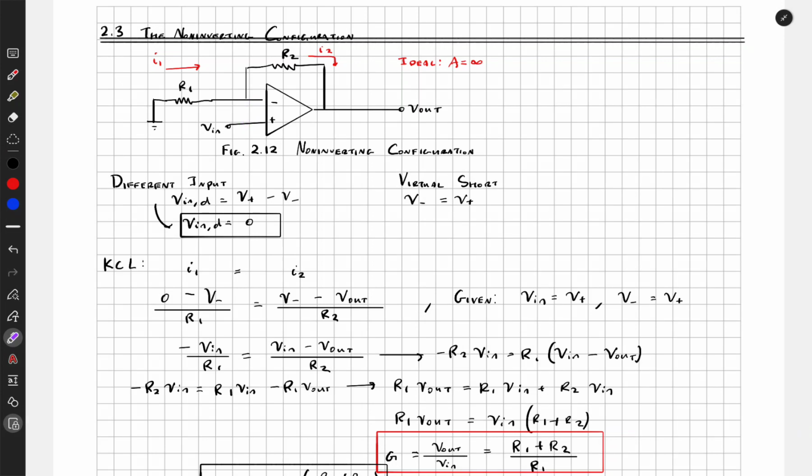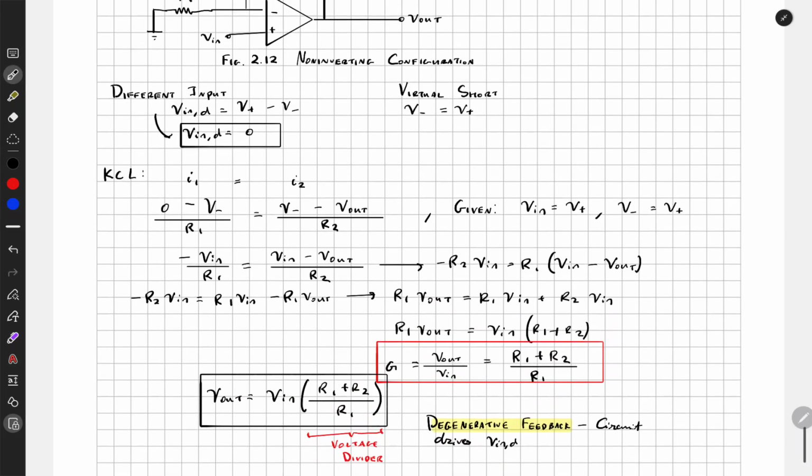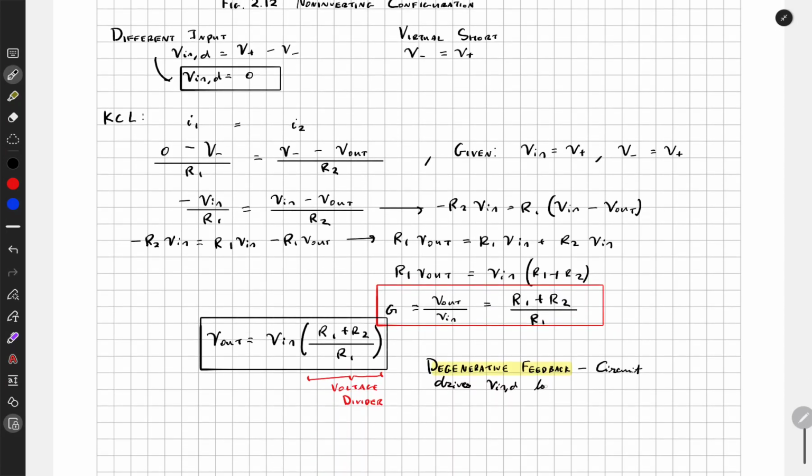There is a name for this phenomenon, and it is called degenerative feedback. Actually, I will write it down. It's called degenerative feedback, where the circuit drives V in D, the voltage difference across the input terminals of the op amp, to 0.